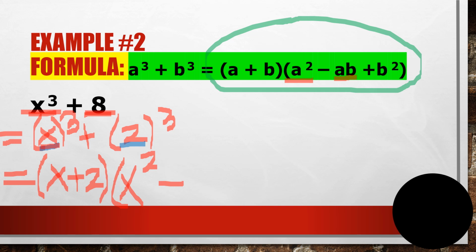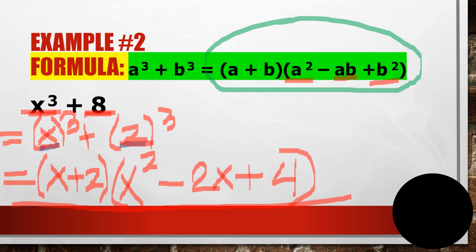A times b, we have x times 2 becomes 2x, plus b squared, which means we multiply 2 to itself 2 times. 2 times 2 is 4. Alright, and then close parenthesis. So this is now our answer.